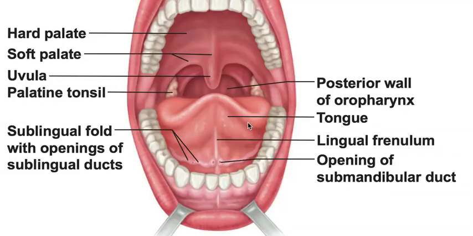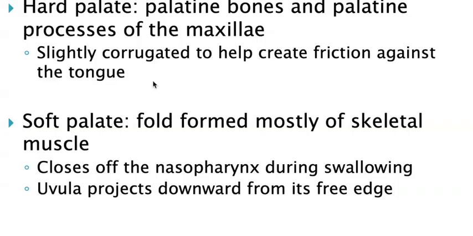Okay, so if we look inside the mouth, you see the uvula in the back. Soft palate has lots of stretch receptors, cause the gag reflex. Gag reflex is actually important for initiating swallowing. Hard palate is corrugated, creates friction. Soft palate, we just talked about.